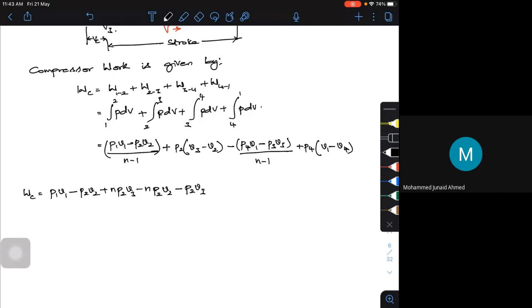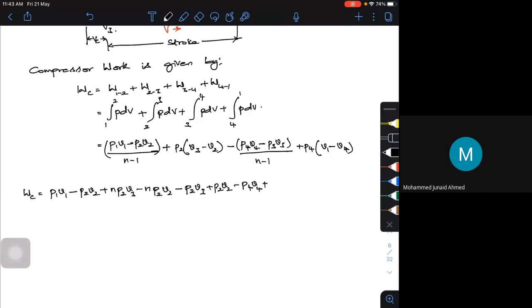So minus into minus, it is plus P2 V2 minus P4 into V1. So minus into minus, it is plus P4 into V4, minus P4 into V4.